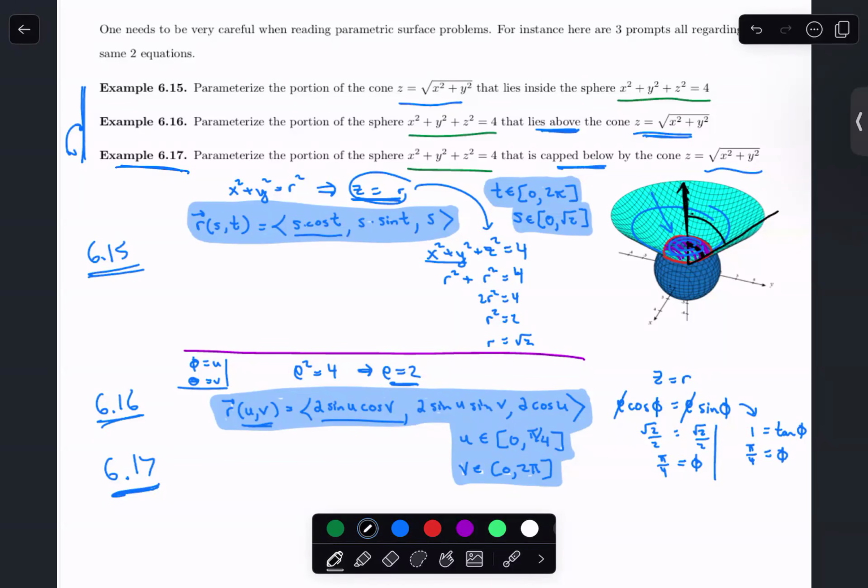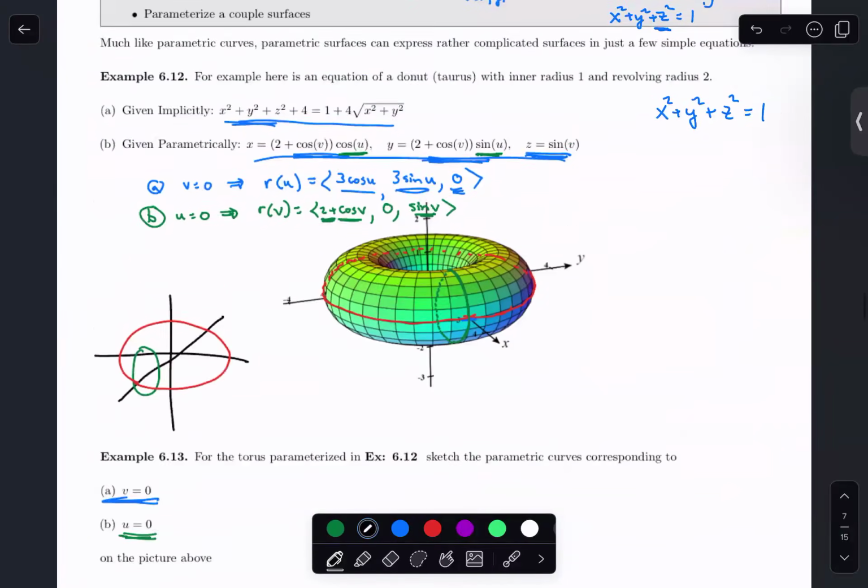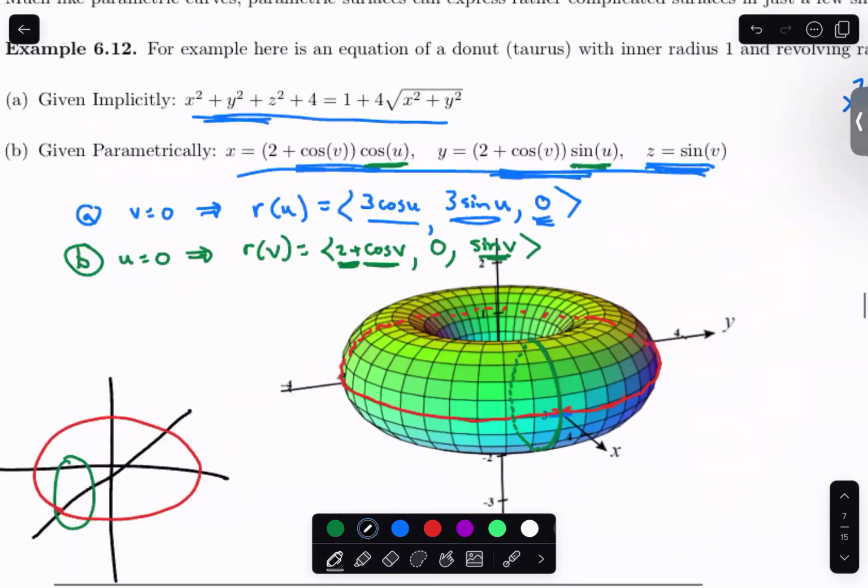Good question. Example with the donut. How did you know that R of U, V made a vertical circle, so that it wasn't in X and Y? When I plugged in specific values for either U or V, I did this to get some practice.